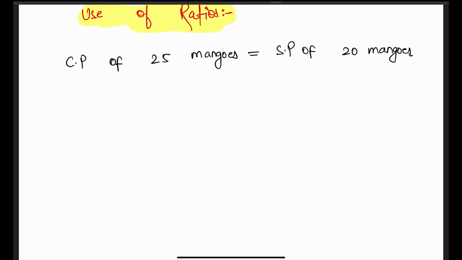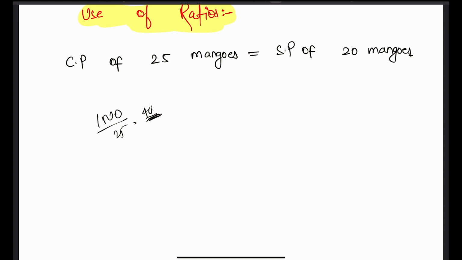So he purchased 25 mangoes, and suppose that he has 1000 rupees. So he purchased 25, so he had 400. He got one orange at 40 rupees.